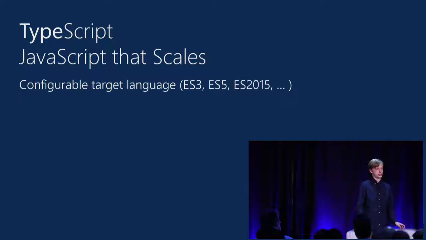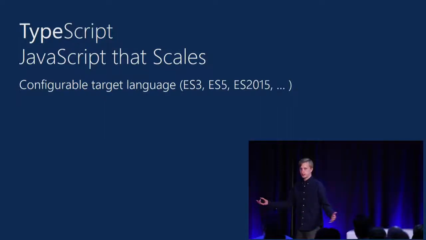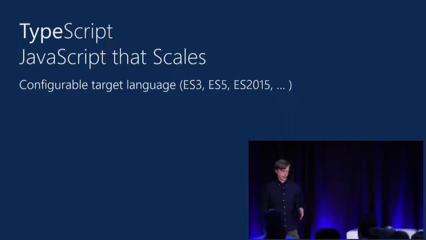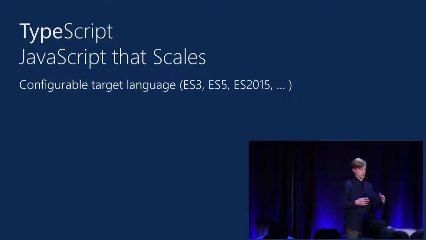So the target is configurable. If you want to support the ES3 language, that's basically IE 6-ish. You can do that, or you can target ES5, that's basically IE 9-ish. But the general idea is you can pick a target that meets the needs of the browsers and other clients that are going to actually be running your code.